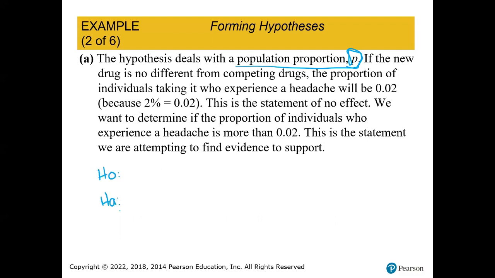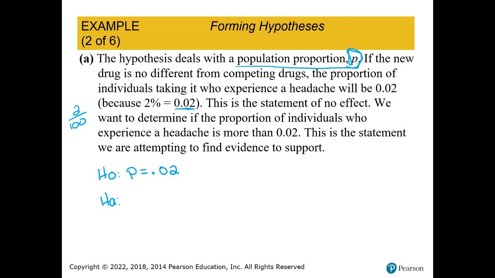So what we have to do is assume, based on what we know, that the initial proportion is equal to 2%, or 0.02. Remember, you can take 2%, which is 2 divided by 100, to get the decimal form. This is our equals statement, our statement of no effect, no change, the status quo. This is what we know to be true previously.